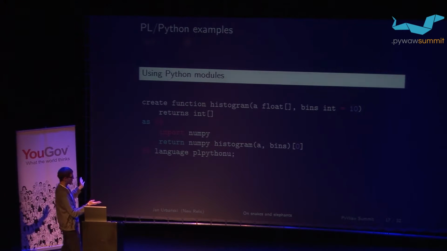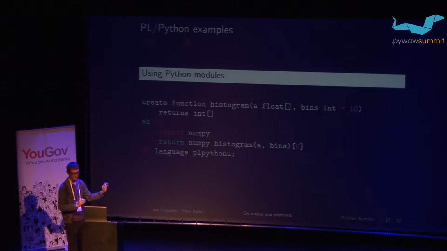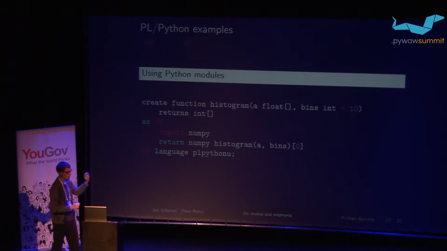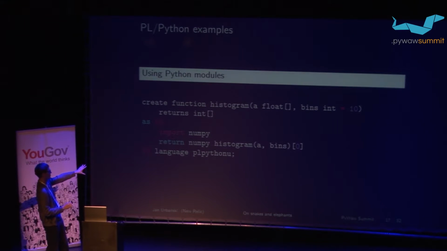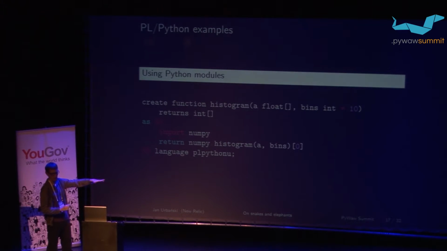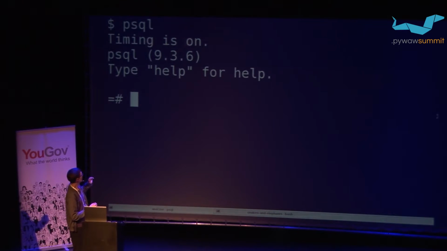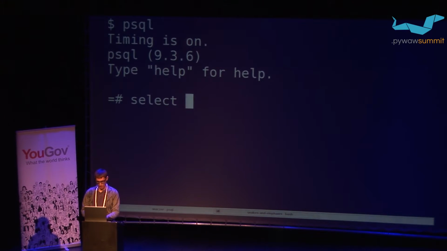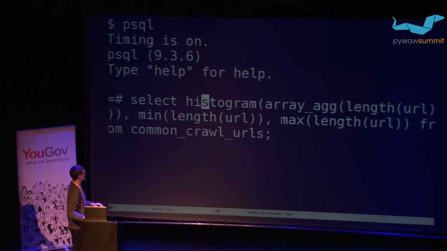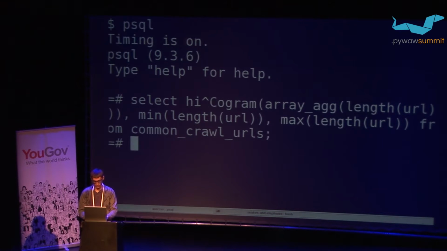It looks really readable and nice, but there's an appreciable amount of magic going on here. But it's good magic. It's magic that's hidden from us. And I can actually go and here's my Postgres prompt. Let me just show you first.